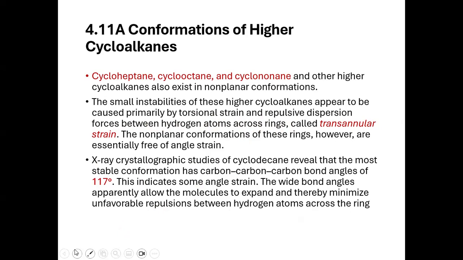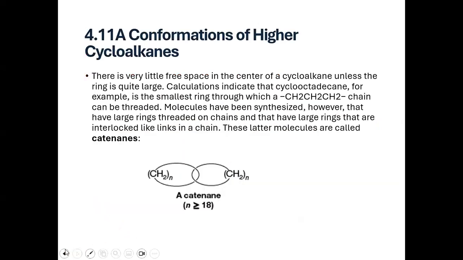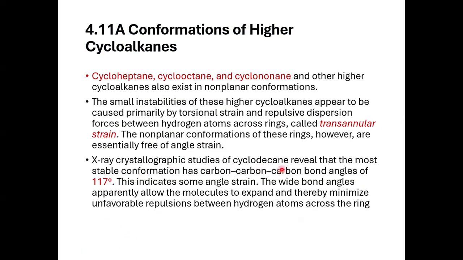If you look at the bond angle, for instance, for cyclodecane, what is cyclodecane? From the word decane, it's made up of 10 carbons, greater than the 6 carbons of cyclohexane. The carbon-carbon bond angle in cyclodecane is 117 degrees.